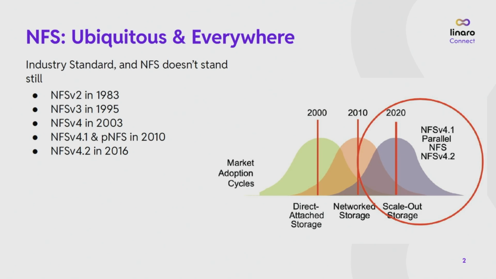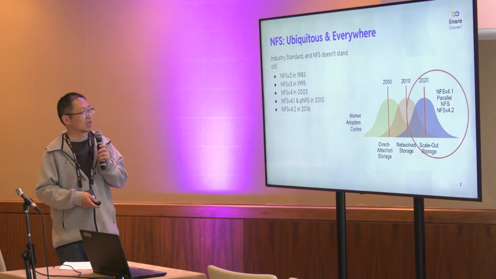And V4.1 added the parallel behavior. For the parallel, I will expand in later slides. And NFS V4.2 is new, and it added some new features, which I will explain later.